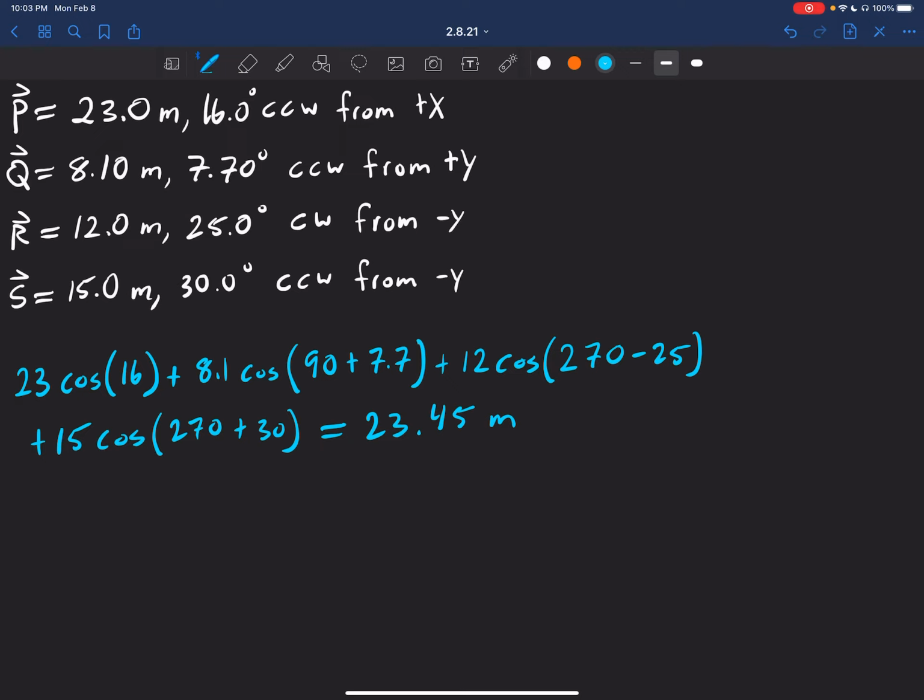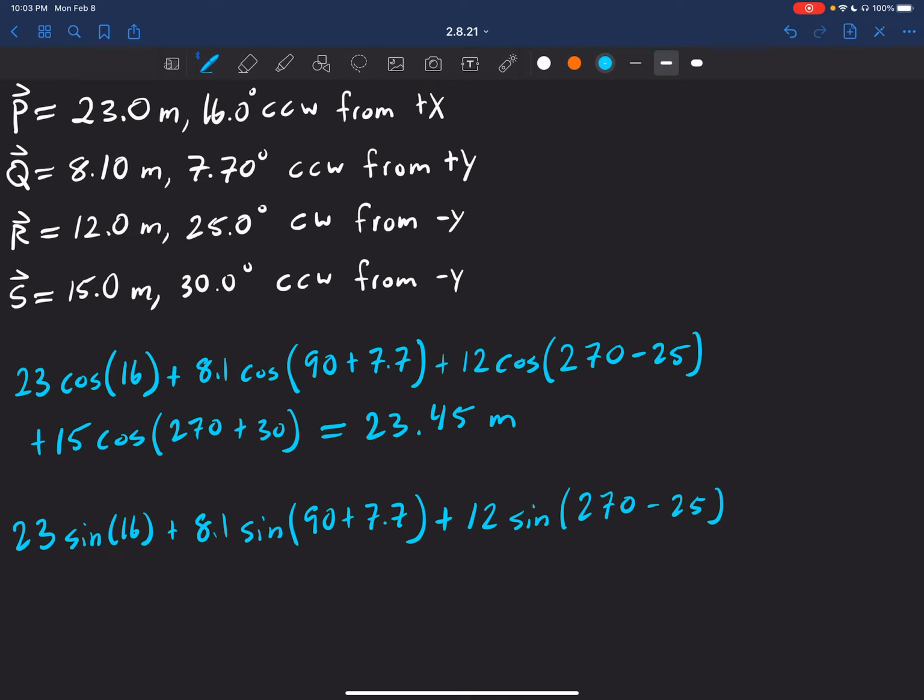The angles are all going to be the same, but it's just going to be 23 times the sine of 16 degrees plus 8.1 times the sine of 90 plus 7.7 degrees plus 12 times the sine of 270 minus 25 degrees plus 15 times the sine of 270 plus 30 degrees.